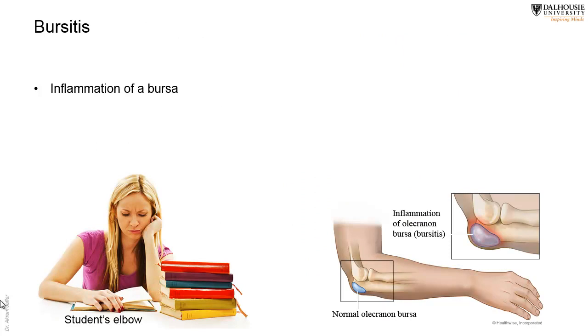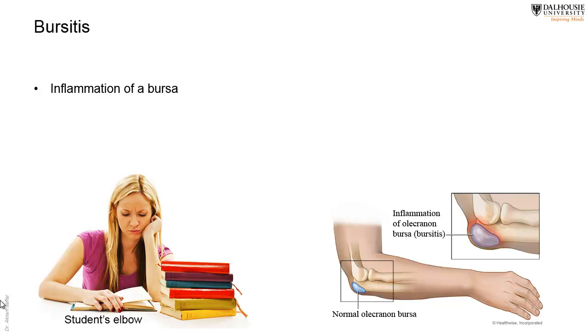A bursa might be inflamed. An example of a bursa that gives rise to a clinical condition called student's elbow is the olecranon bursa. When it's inflamed, it's called bursitis. This is a bursa which is present between the proximal end of the ulna, called the olecranon, and the skin.